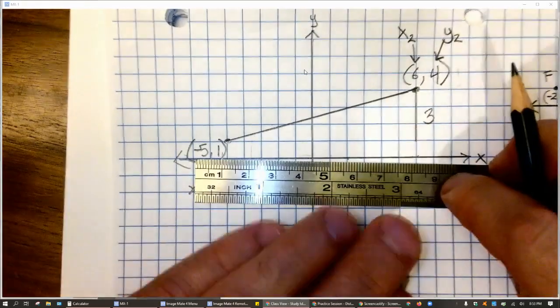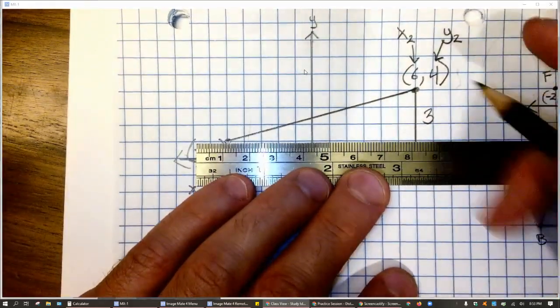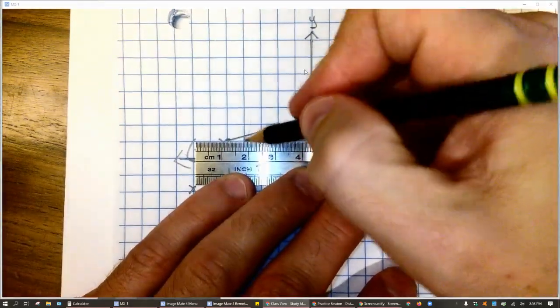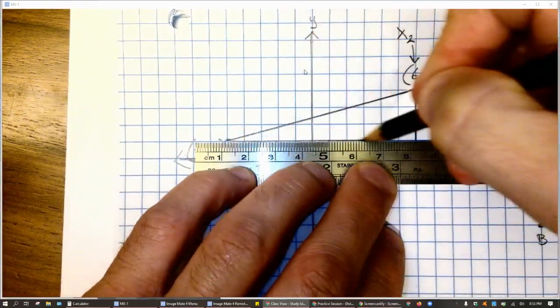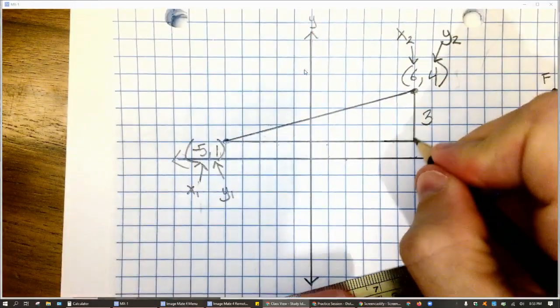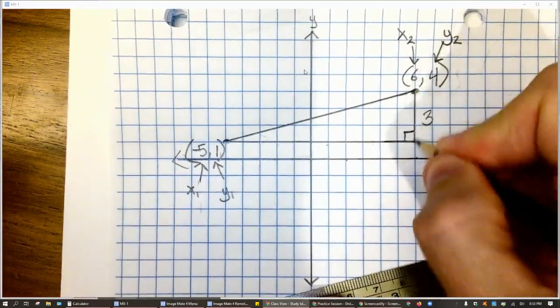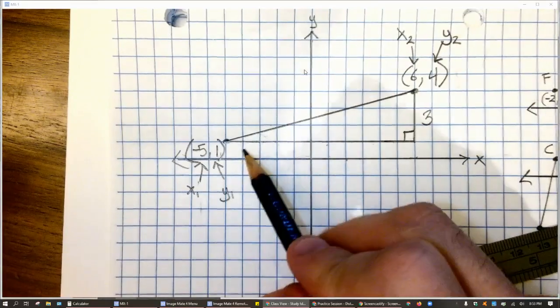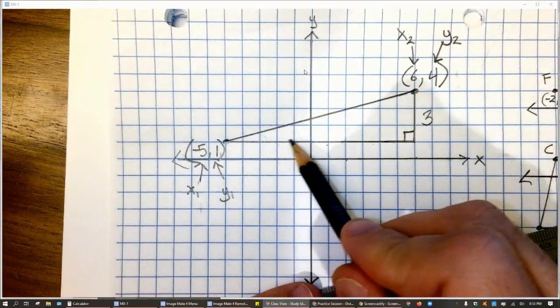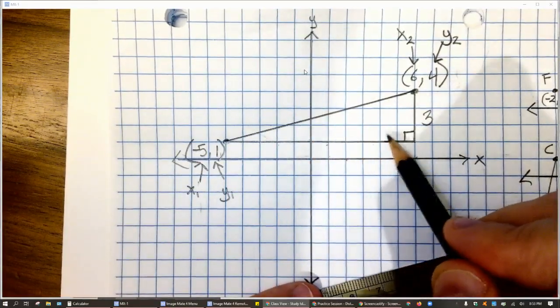Well, if I want to find the horizontal distance between them, I draw a line from one coordinate, and I stop it when I'm even with the other point. I now have a right triangle because I have a vertical line and a horizontal line, so they're going to meet at a 90-degree angle. Now, how far apart are those? Well, from here, 1, 2, 3, 4, 5, 6, 7, 8, 9, 10, 11.